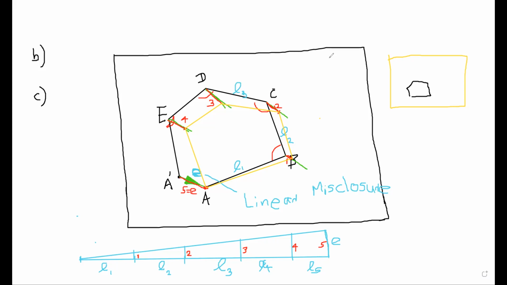Right. Therefore, we move to the second method of traverse correction, that is the traverse sheet. This one again I will be explaining with an example.